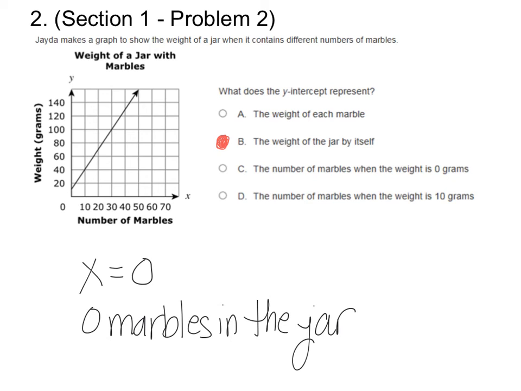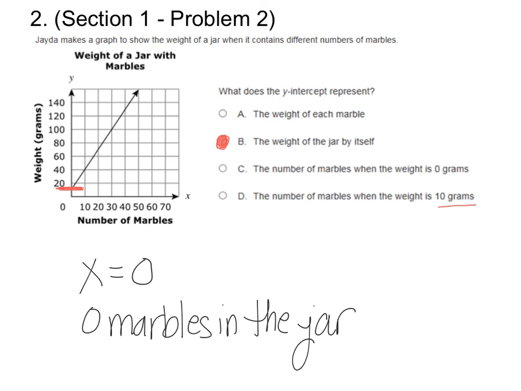But I'm thinking that maybe, we don't know if this is exactly at 10 grams or not. But I do know at that y-intercept that there are 0 marbles. So I know that that would be the weight of the jar by itself. So I think D is tricky, the number of marbles when the weight is 10 grams, but I guess I'm not convinced that that y-intercept is at 10 grams.